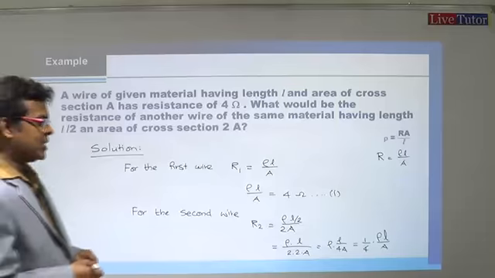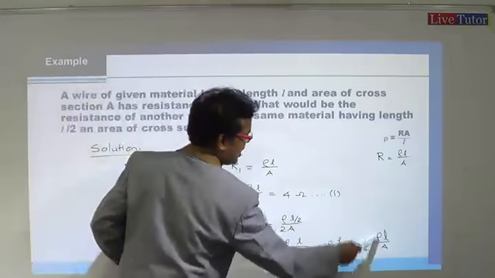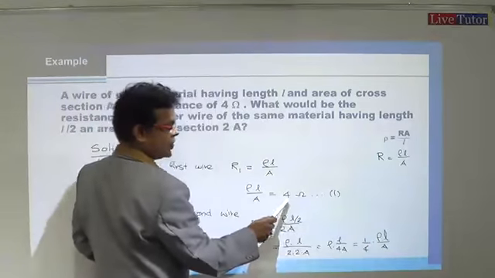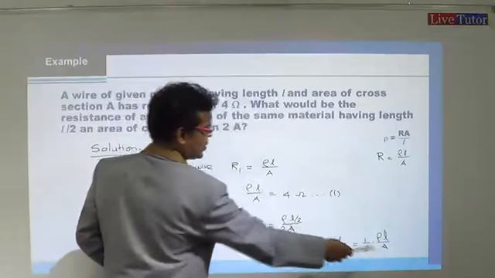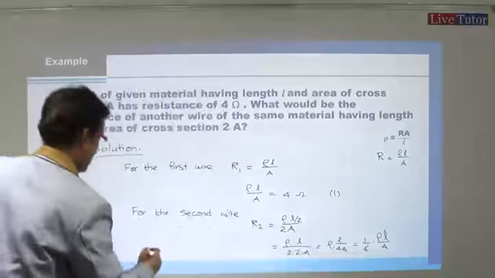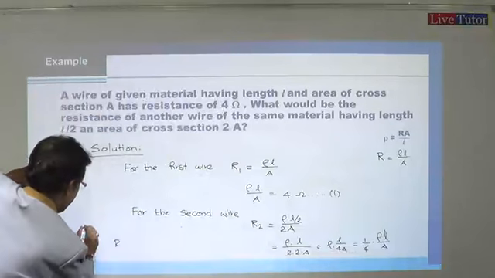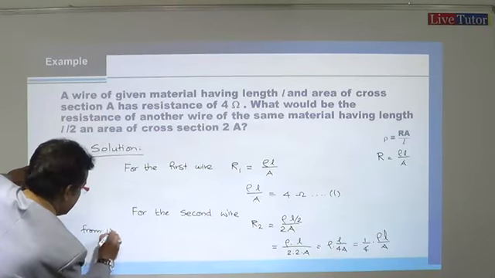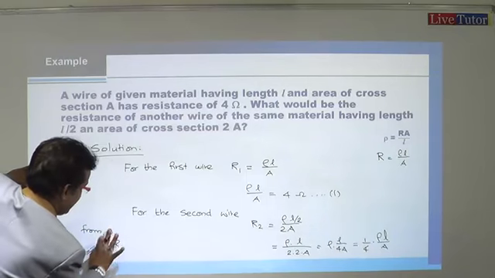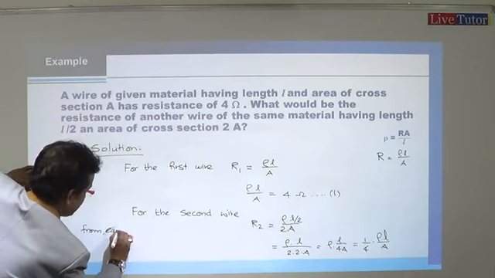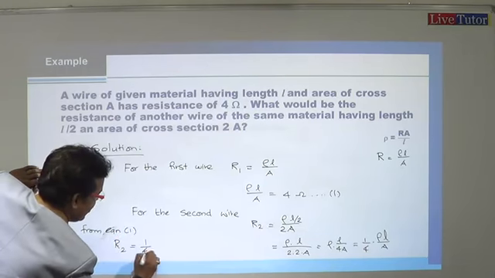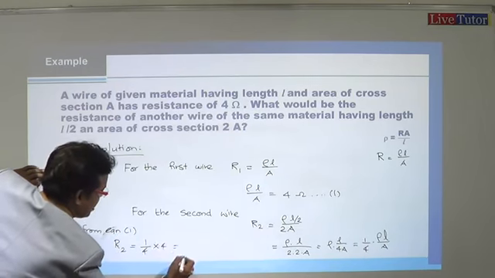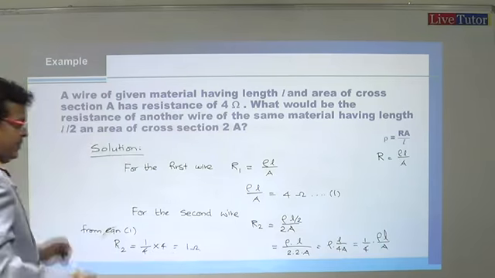In place of rho L by A, what is the value we have got here? 4. So I can substitute from equation 1, so R2 is equal to 1 by 4 into 4, that is equal to 1 ohm.